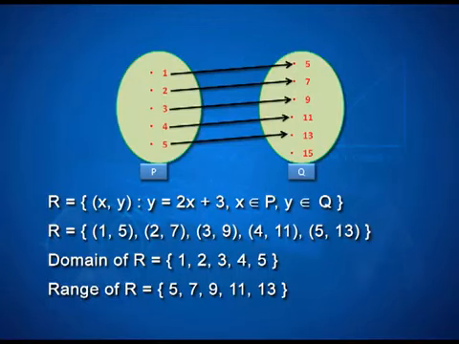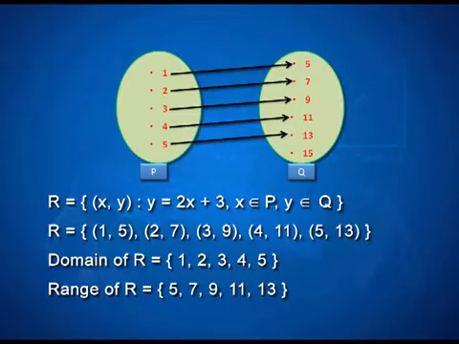Now, when you are asked to convert this to the set builder form, what you have to do is express this relationship in words. How is the second element in each of these ordered pairs related to the first element? What should I do to 2 to get 5, and the same trick to 3 to get 9, and the same to 4 to get 11, etc.? Multiply the first element by 2 and add 3.